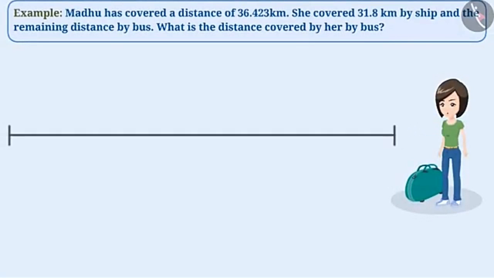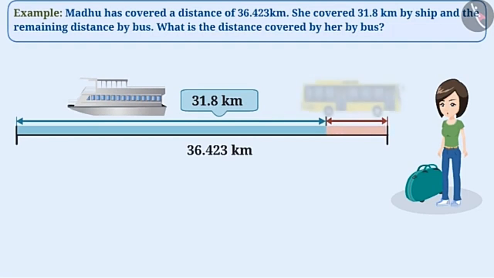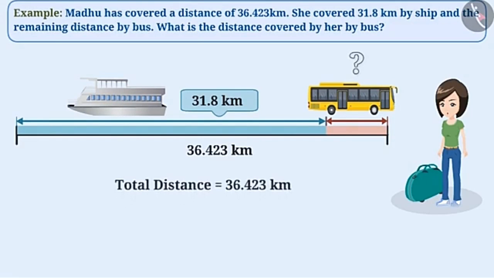Next example. Madhu has covered a distance of 36.423 km. She covered 31.8 km by ship and the remaining distance by bus. What is the distance covered by her by bus? From the example, it is clear that Madhu had covered a total distance of 36.423 km.